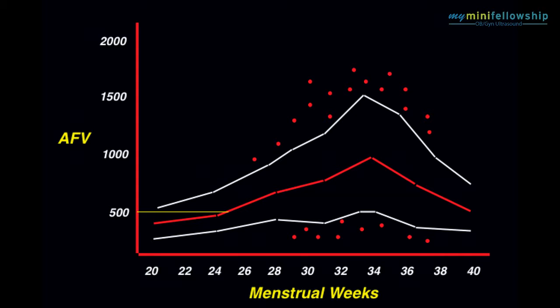At 25 weeks, there's about 500 cc's of amniotic fluid. The fetus weighs about 500 grams, so there's 500 cc's of fetus, and your eye sees a one-to-one relationship between solid and liquid.